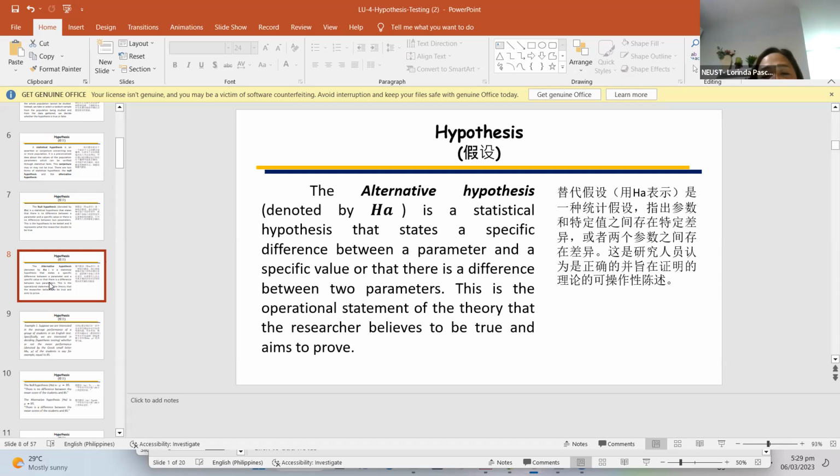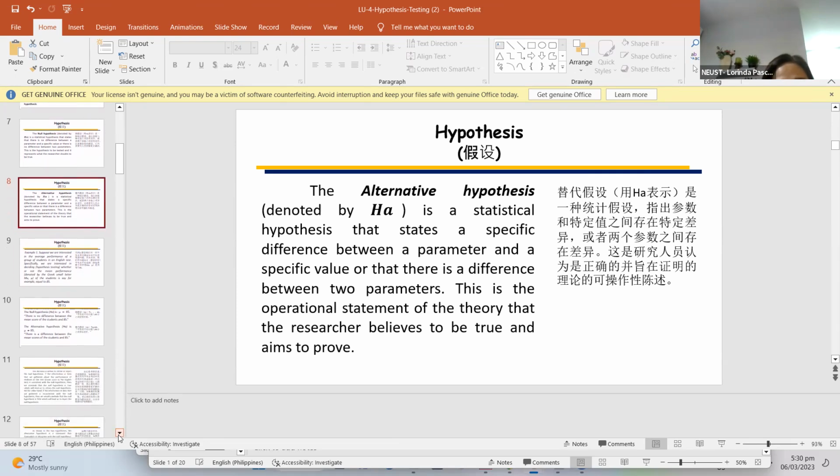So this is a hypothesis that states a specific difference between a parameter and a specific value, or in other words, there is a difference between the two. So this is the operational statement of the theory that the researcher believes to be true and aims to prove. So yun yung pagkakaiba ng H0 at saka ng HA.